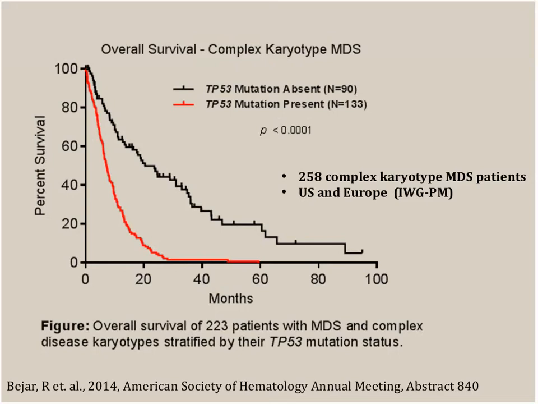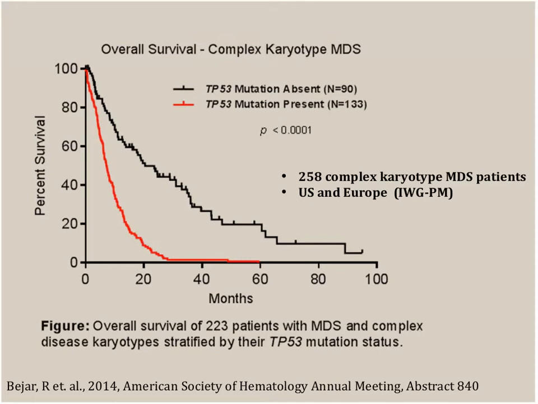Here you can see that in patients with complex karyotype, the presence of a p53 mutation was associated with a much poorer outcome compared to those patients who did not have a p53 mutation.